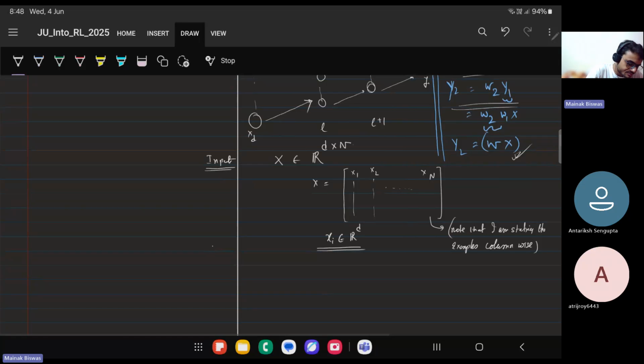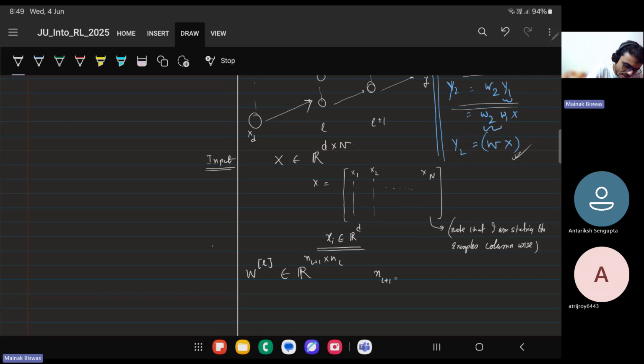Next, WL we will define as being in R^(N_{L+1} cross N_L) dimensional space.